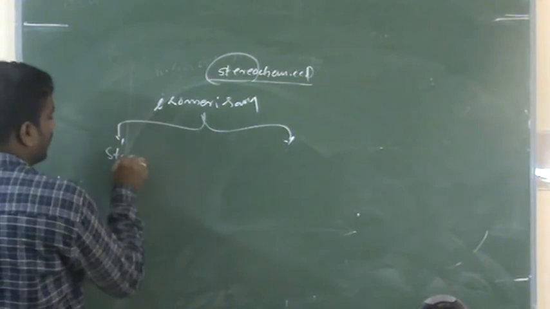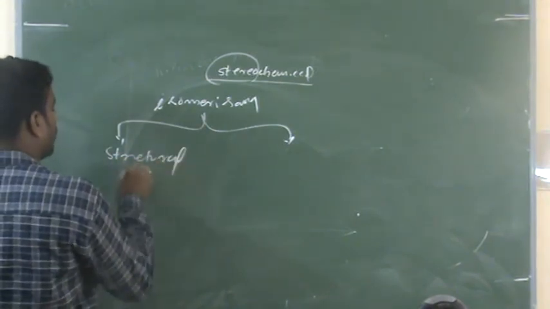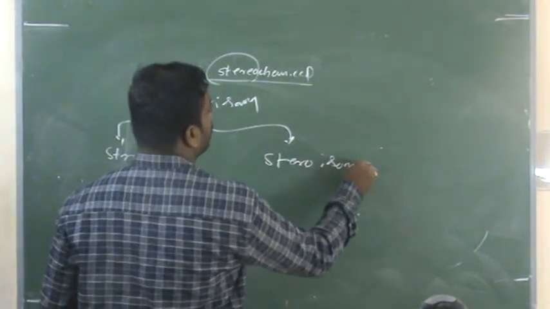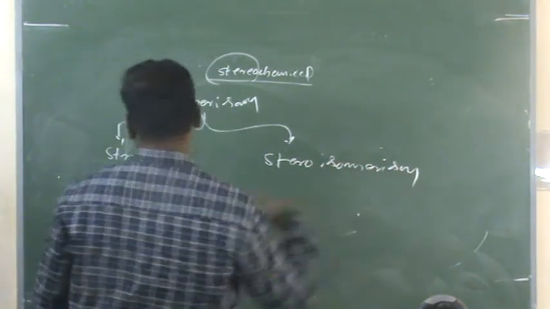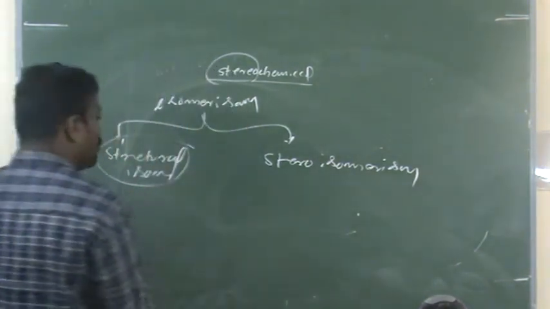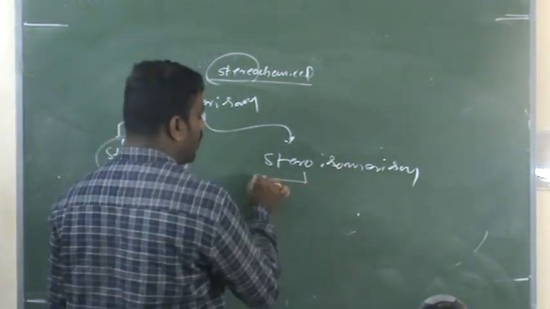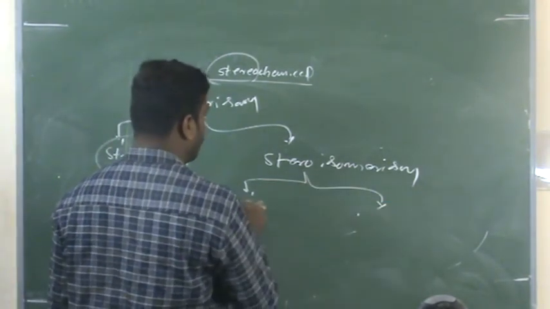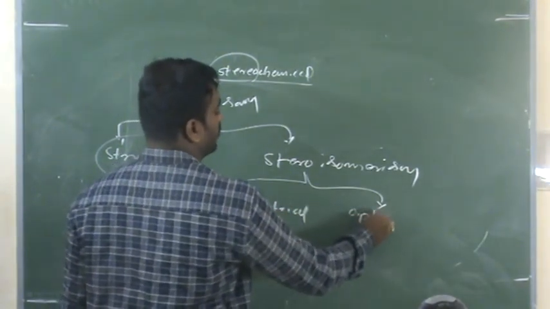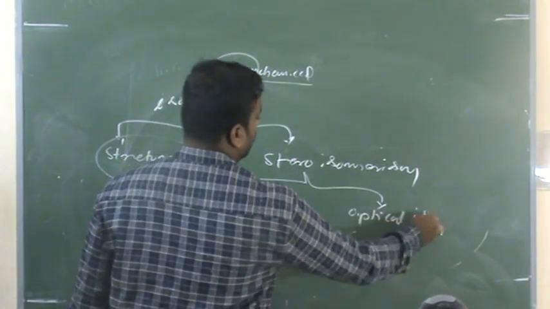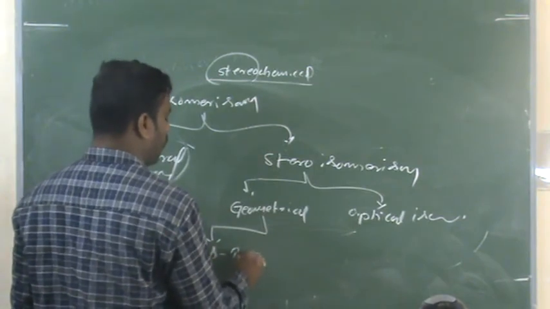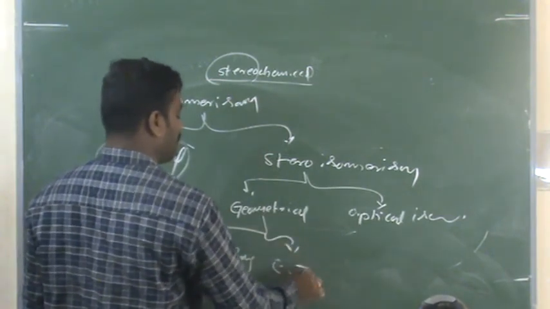One is structural isomerism and the next is stereoisomerism. I think in the first year we completed structural isomerism in detail, where there are so many ways. In stereoisomerism, there is geometrical isomerism and optical isomerism. Geometrical isomerism is again cis and trans, and E and Z.